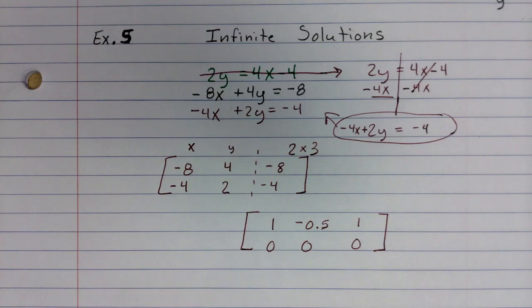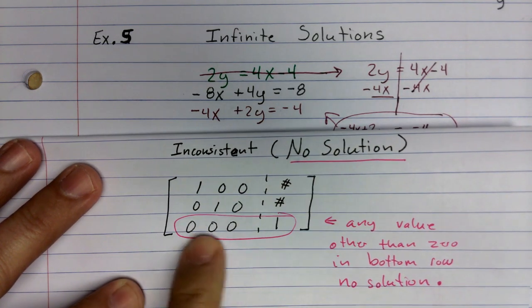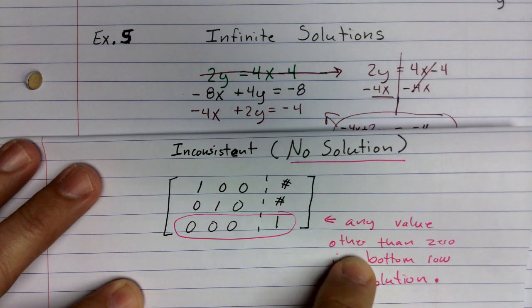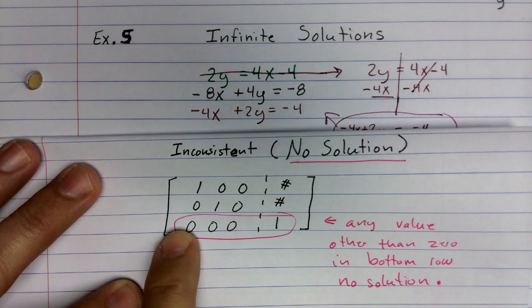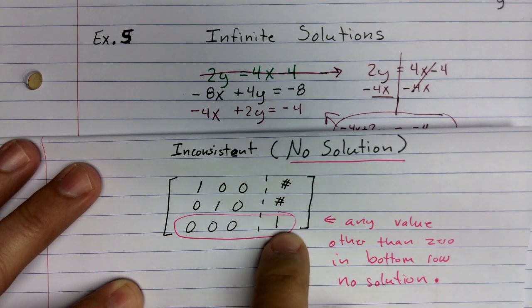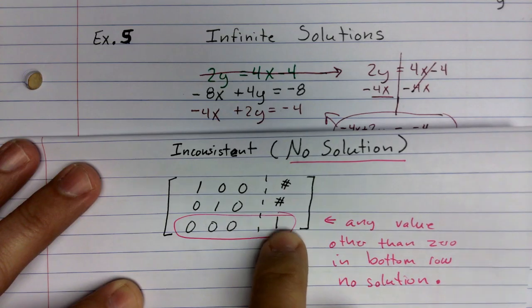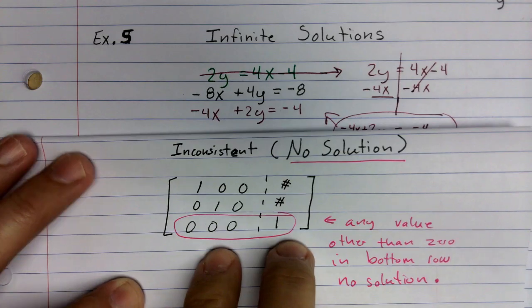Now I do want to pull up the old notes just to show you. When we had no solution, remember I had a note on here: any value other than 0 in the bottom row means no solution. So in other words, we had all zeros on the left, and on the far right we had a 1. Because of that 1 and all these zeros on the left, we know that there is no solution.